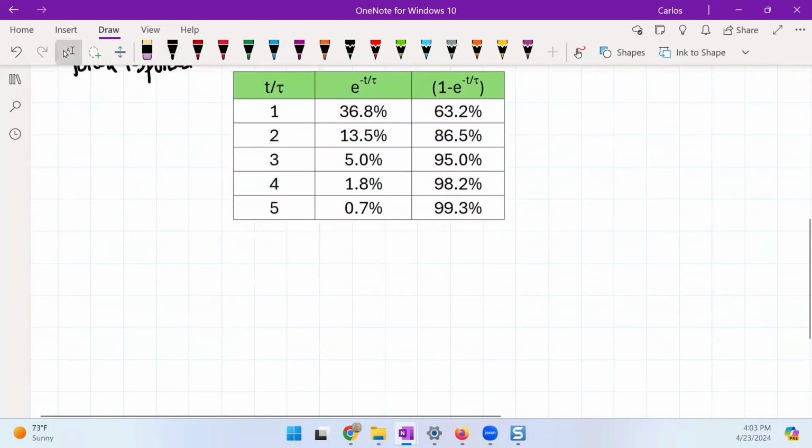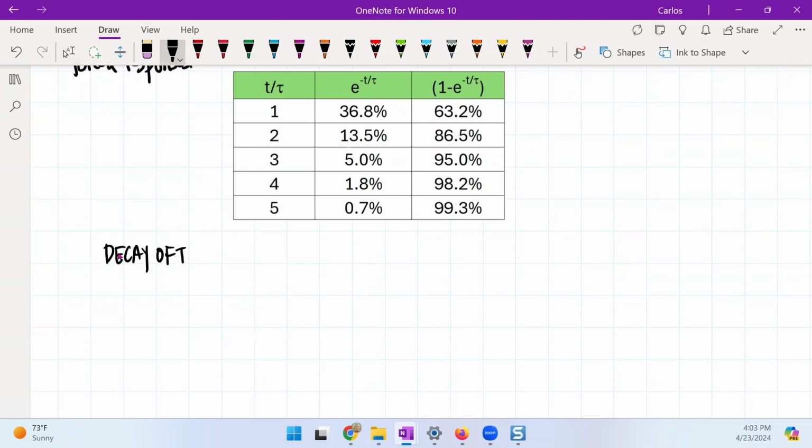So what I'd like to do is draw pictures and clearly show what we're having. So I'm looking at the decay of the natural response.